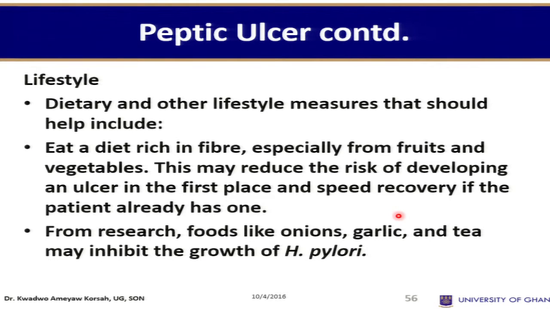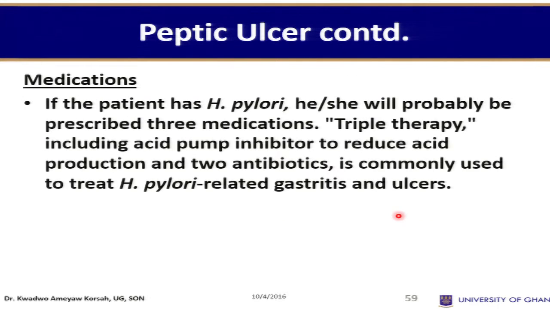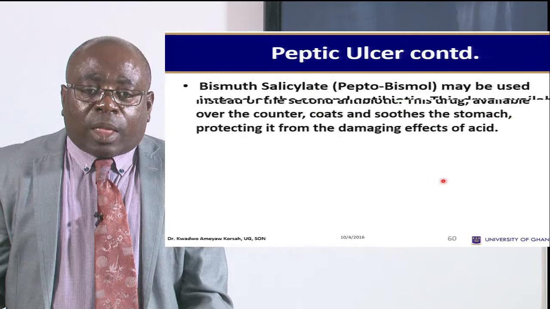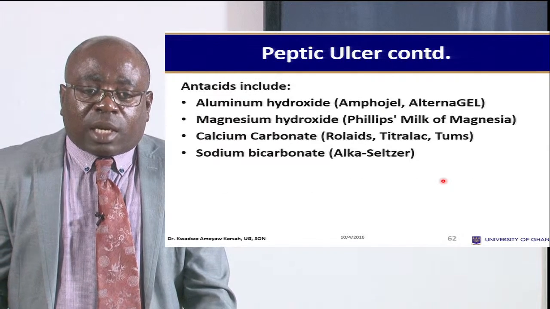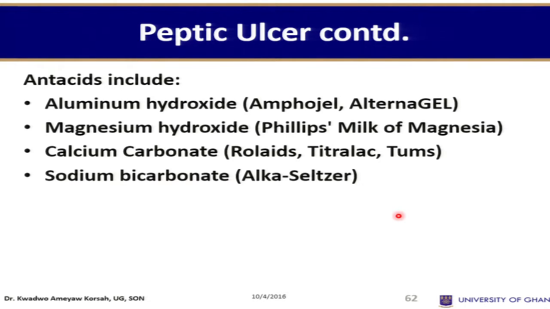And the dietary and other lifestyle measures that should help include a diet high in fiber, and then also we need to look at foods that can aggravate the condition. We have to avoid that. We have different medications. Antacids, drugs that can neutralize the acids.